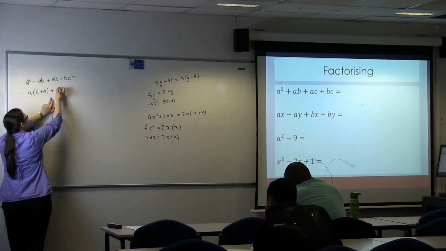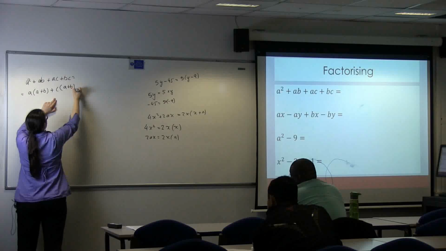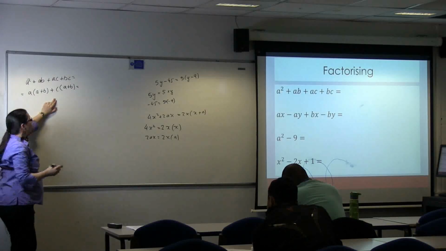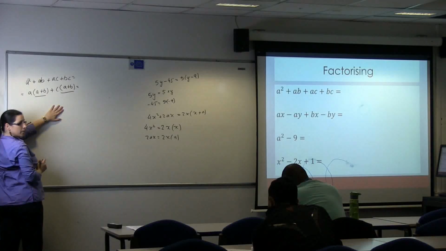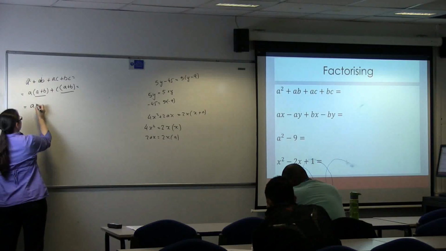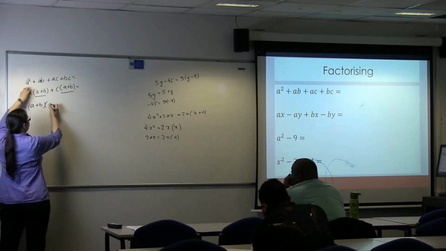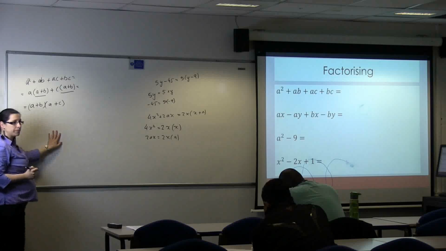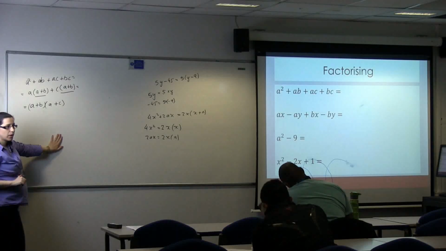And I can factor out the c from the second two terms, and that gives me a plus b back. Well, isn't that handy? Now I've got a plus b in both terms. So I can factor out the a plus b, and what's left behind is a plus c. So this is how I can do it backwards, bringing it into two brackets.